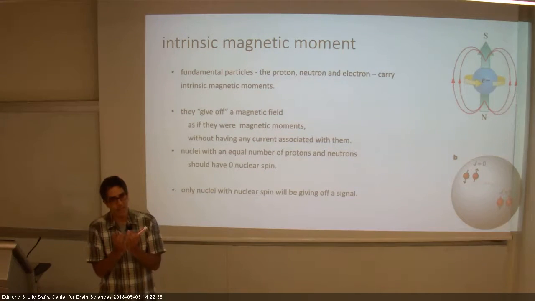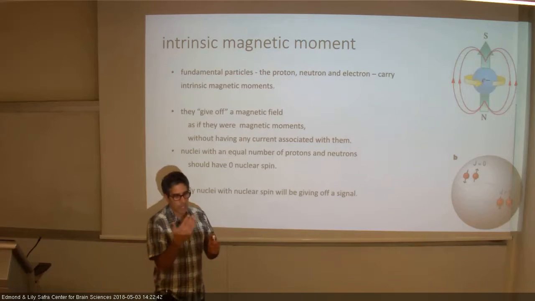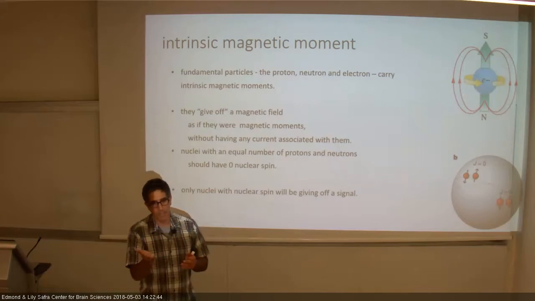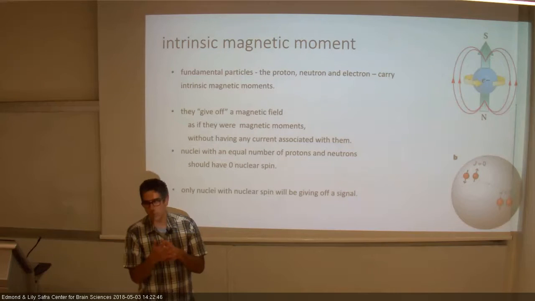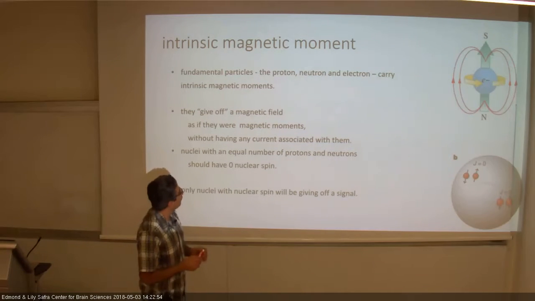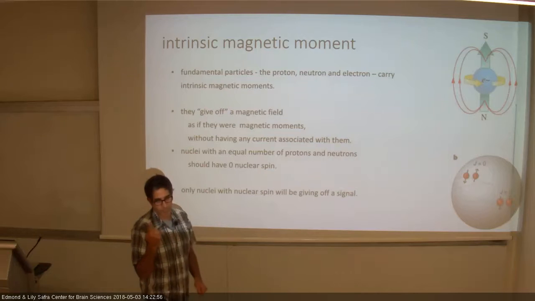The net effect of this atom will be, if each of them has some kind of magnetic moment, they might cancel each other unless we have an uneven number, and then we'll stay with a magnetic moment of this nucleus. Okay? And so the proton is a case in which there is only a proton.